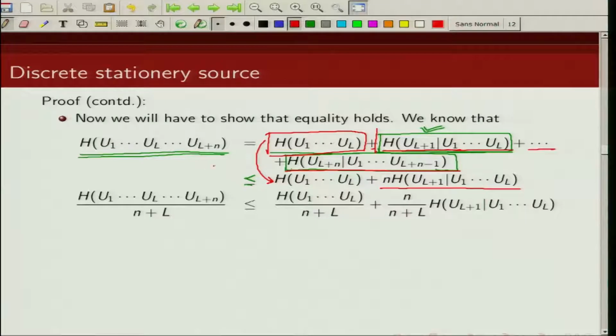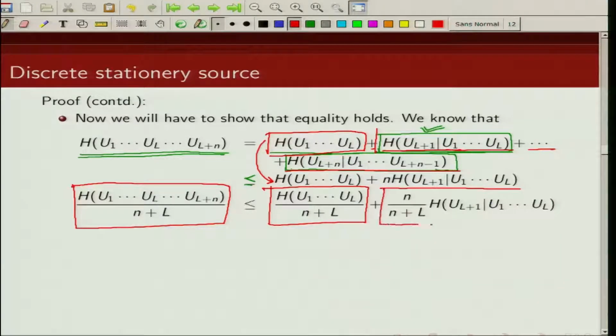The next thing that we do is we divide both left hand side and right hand side by n plus L. So if we divide both by n plus L, we get this on the left hand side and this on the right hand side.